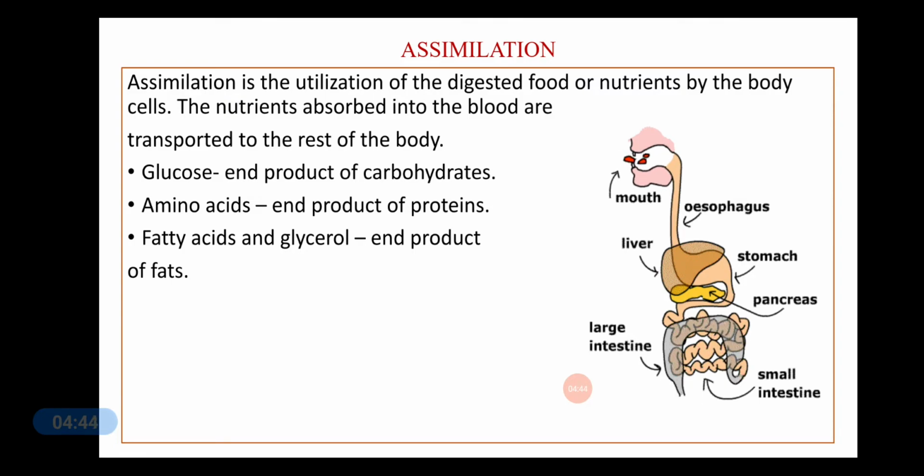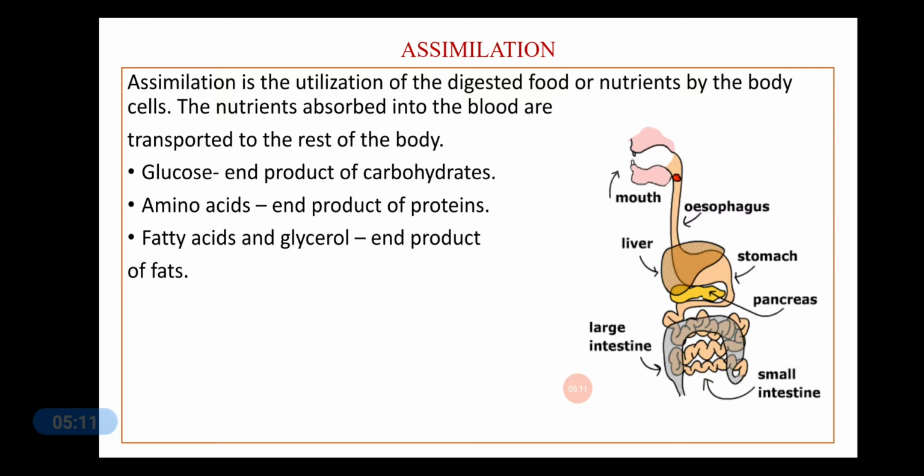Now the walls of the villi have blood capillaries. These blood capillaries help in carrying the food to the different parts of the body, because they take the food along with the blood through the veins and arteries running throughout your body, and each and every cell of your body receives the food.